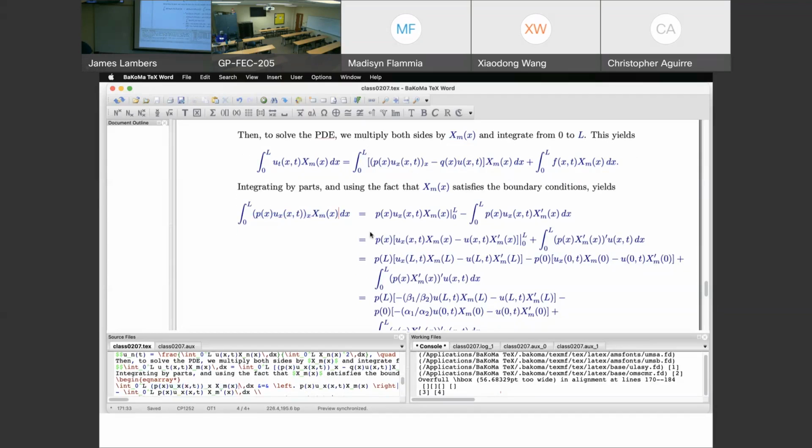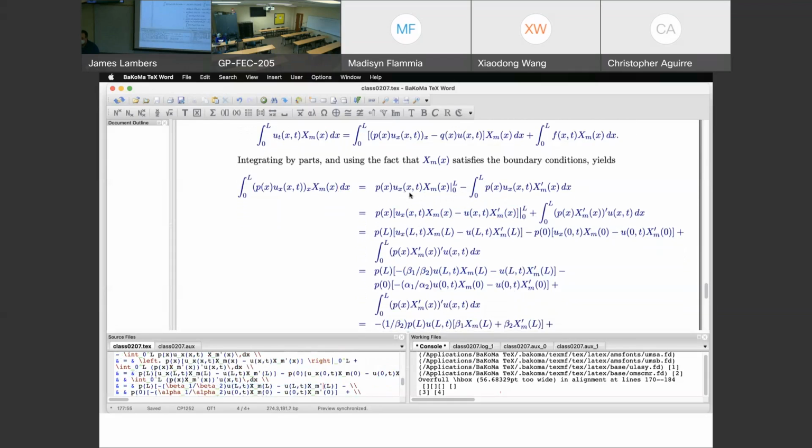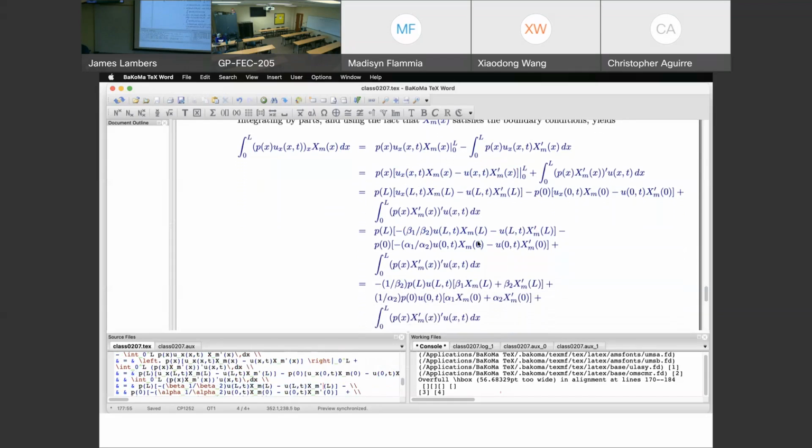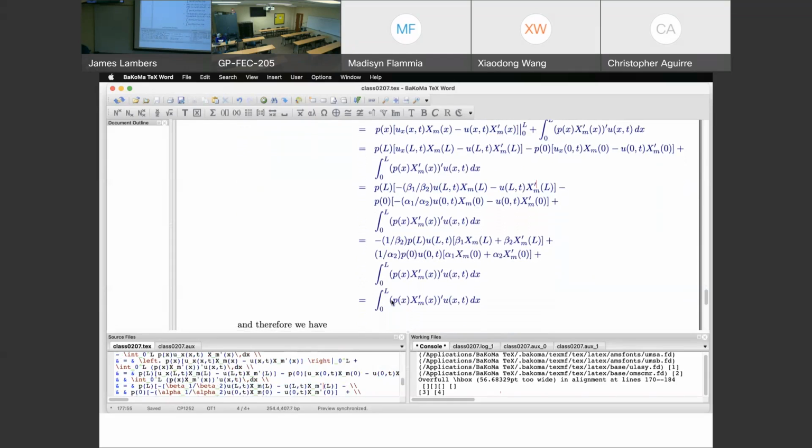Because we have boundary terms from evaluating at x equals 0 and x equals L, when I perform integration by parts twice, I end up being able to apply the boundary conditions. I can use the fact that little u satisfies the boundary conditions, and capital Xm also satisfies the boundary conditions, to make a lot of the terms go away. In fact, everything goes away except for this.